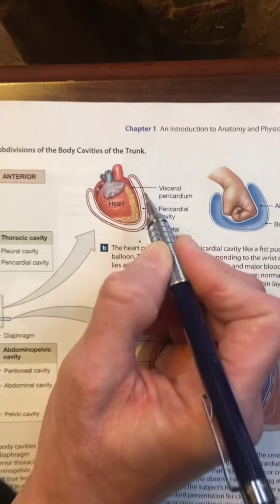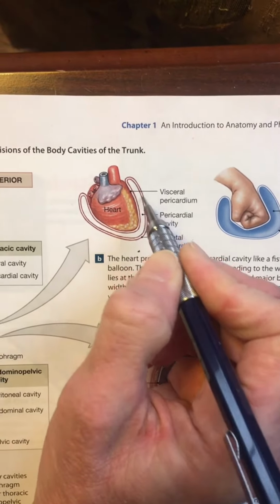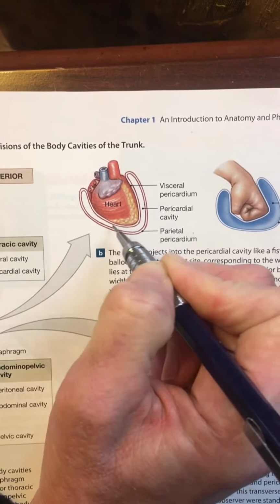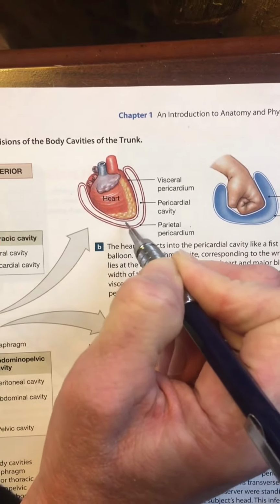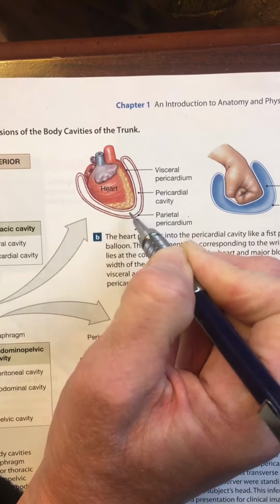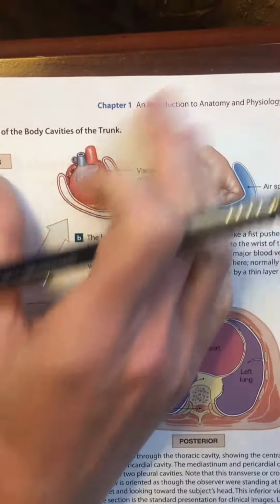Here's your visceral pericardium, and here is your parietal part, and inside of this is some fluid. And the fluid makes the visceral and parietal parts able to slide over one another with great ease, because the heart's always beating.